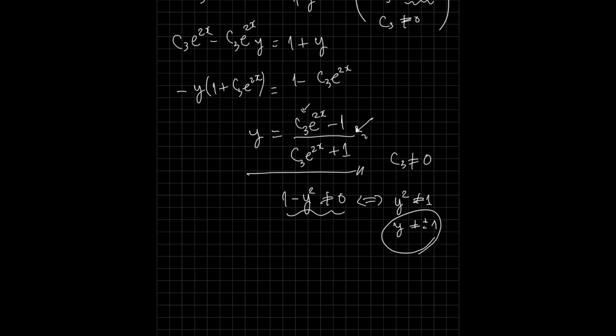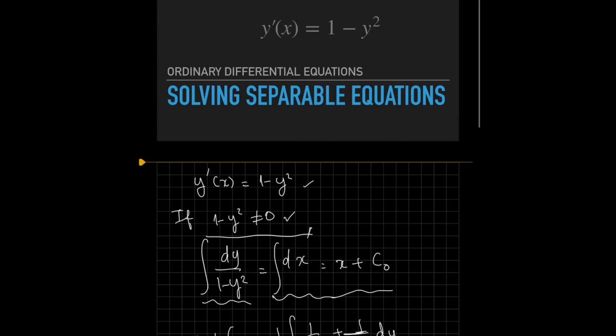And indeed, this general solution here may not contain these solutions, plus minus 1. And we don't know if those are solutions either. Now, this is our first case.